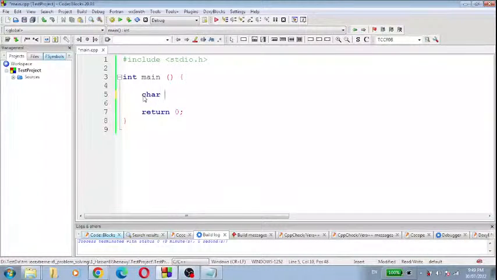Bit masks are going to be used with single variables or single values, but when I declare an array like this with some values, something like 1, 2, 3, 4, 5, and 6, then when I write something like array of 1 or array shifted right by something, this is not what you are going to achieve.